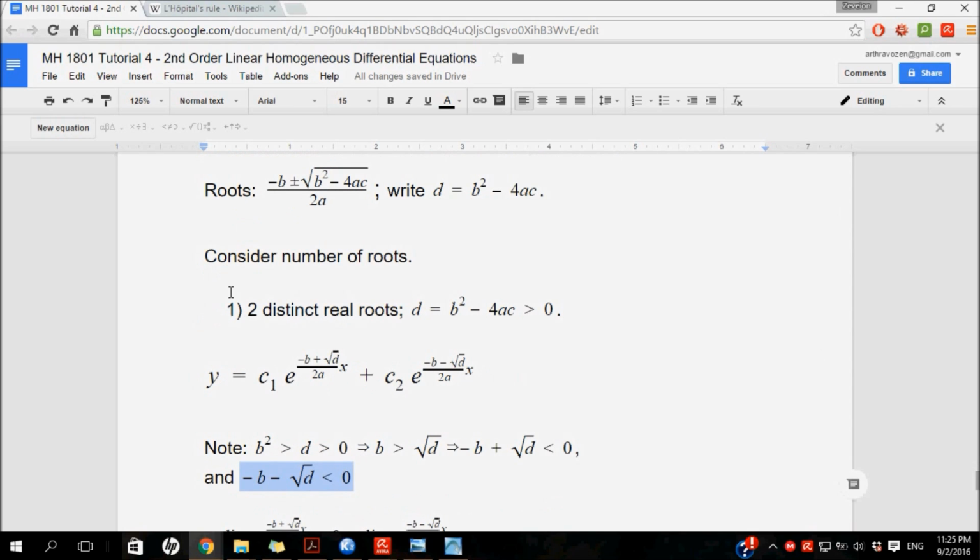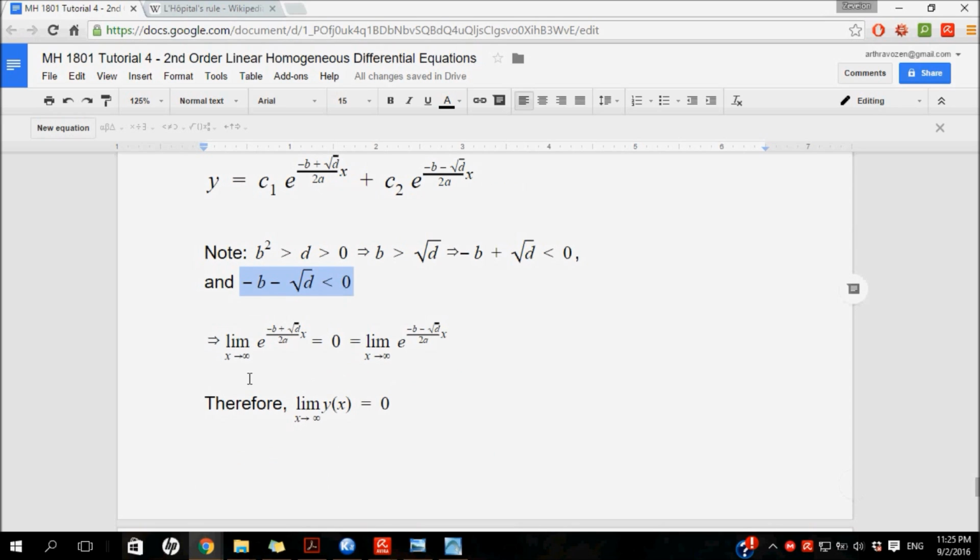It follows that these two terms, which are the only terms that involve x, are going to tend, as we take the limit, to 0. That is to say, the limit of this first term would be 0, and the limit of this second term is going to be 0.